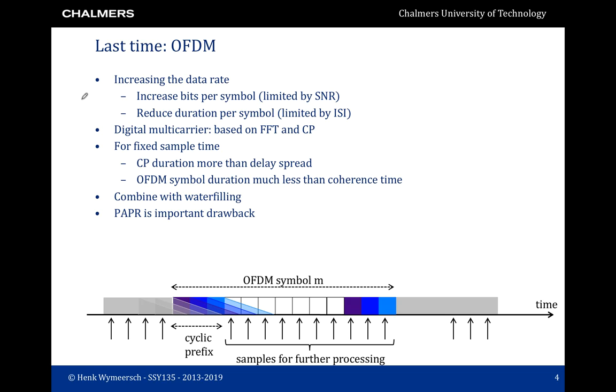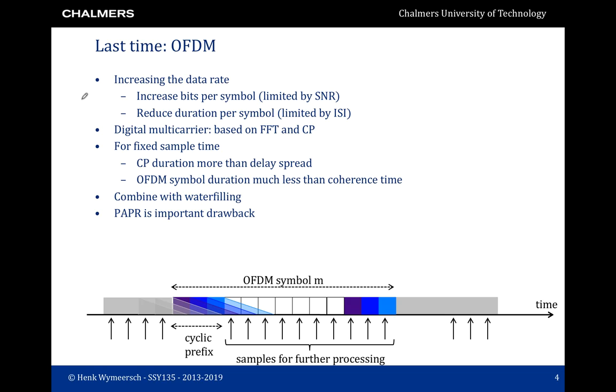Last time we saw that if we want to increase the data rate, we have two options. One is to use higher order modulation formats, send more bits per symbol. The other is to use more bandwidth and send our symbols faster. This is limited by intersymbol interference.